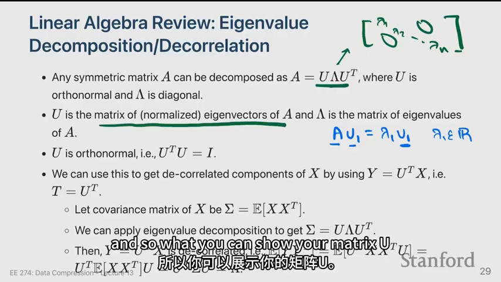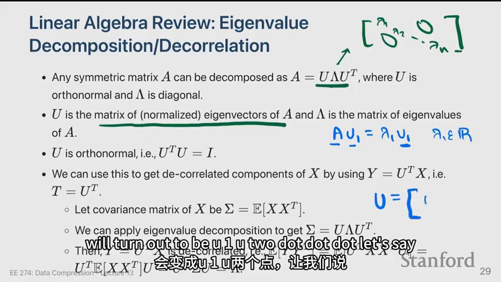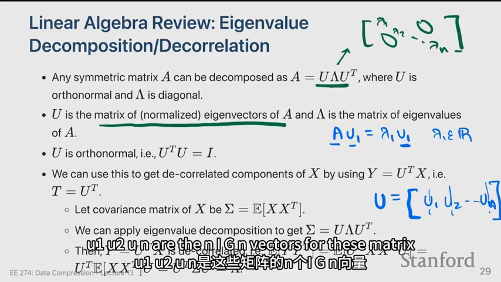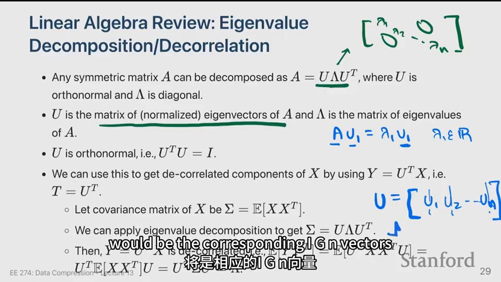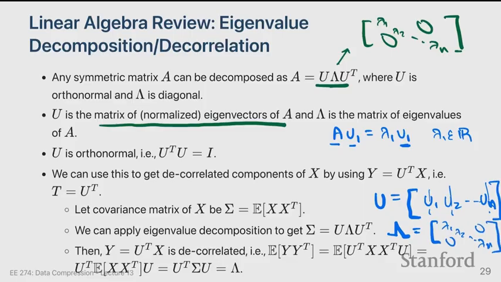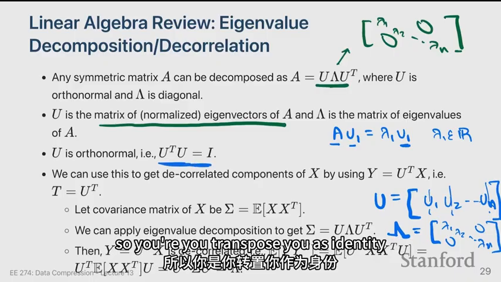And your matrix U will turn out to be u1, u2, up to un, where u1, u2, un are the n eigenvectors for this matrix. And then your matrix lambda would have the corresponding eigenvalues in the diagonal, everything else 0. And you can select U such that it's orthonormal, so your U transpose U is identity.